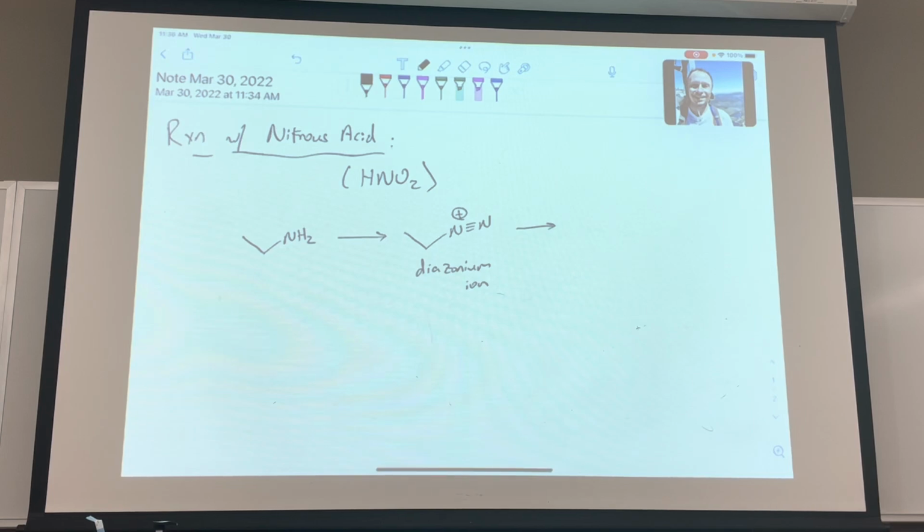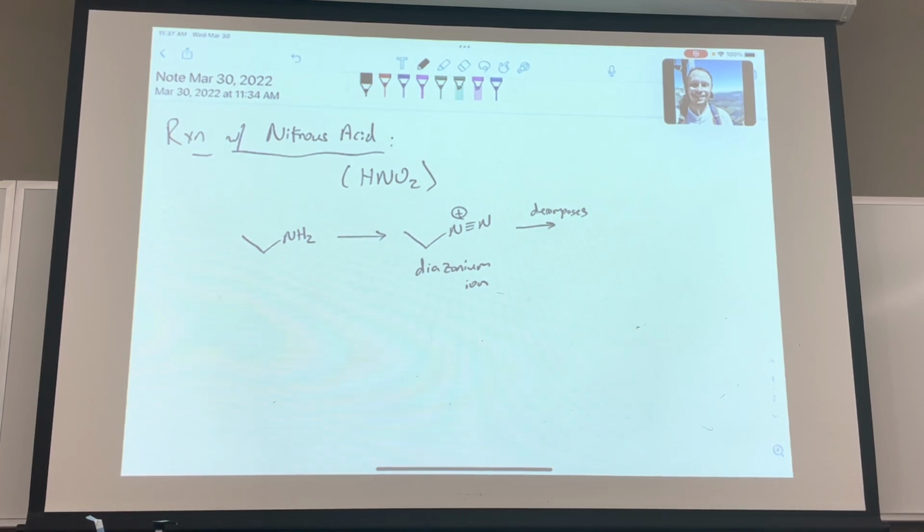However, if you do this with an alkyl amine, it really falls apart rapidly. It's not stable, and it falls apart because it generates nitrogen gas. It's about the best leaving group known to man. And so the nitrogen just leaves, the thing decomposes to give nitrogen and carbocations.